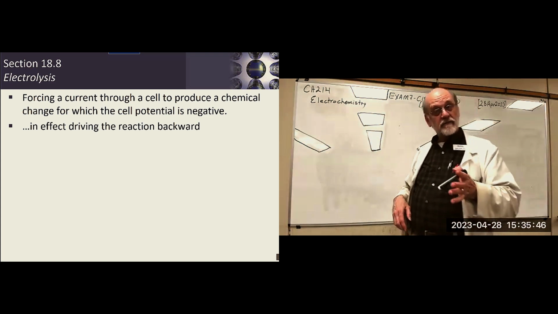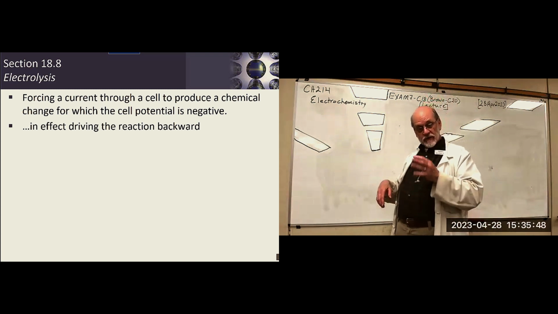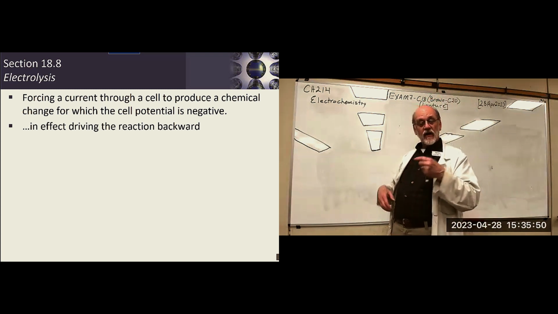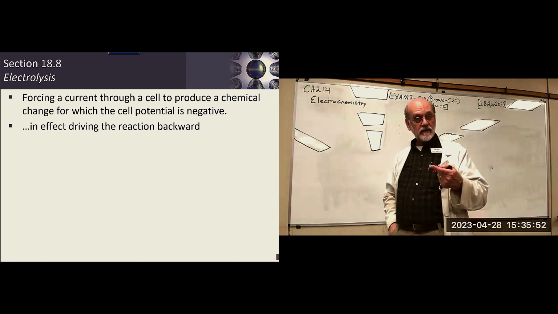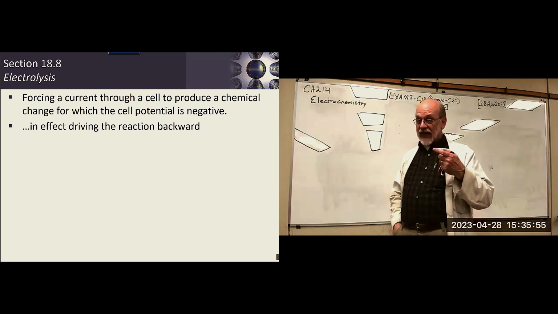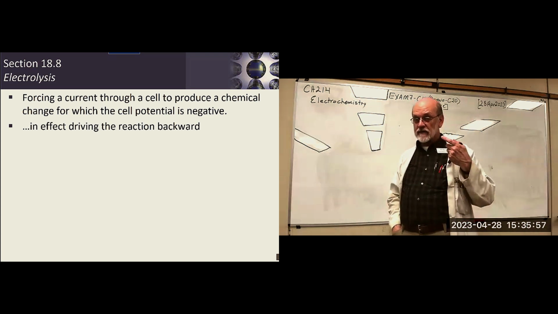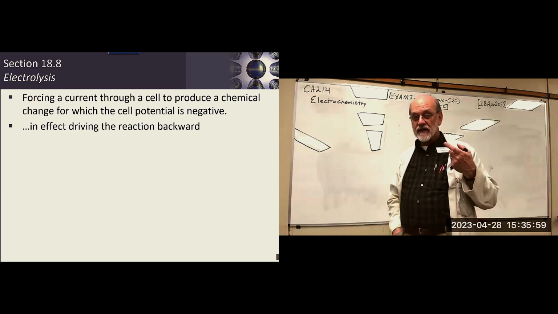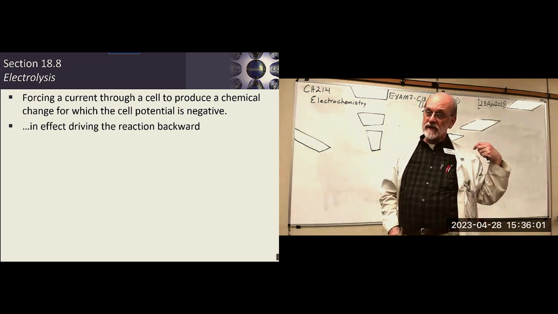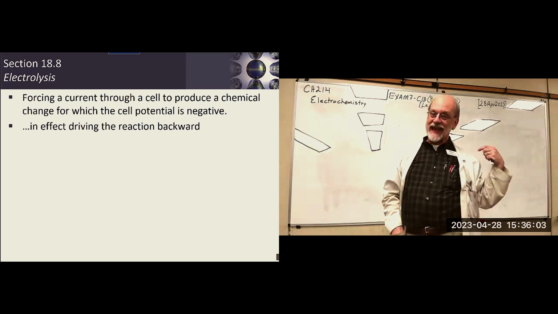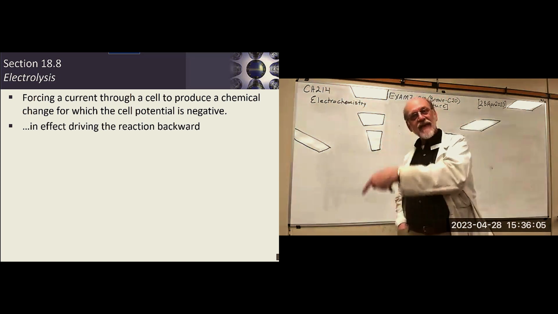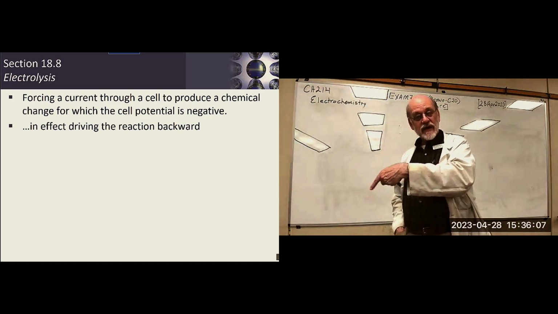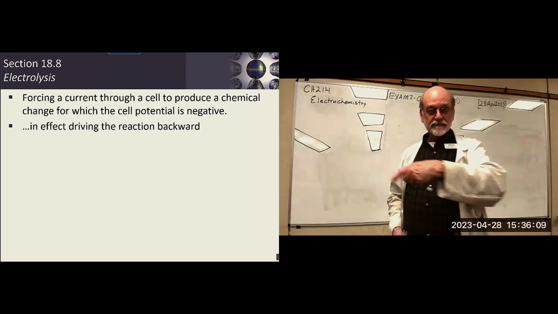And when that happens, now which is the anode, which is the cathode? It's still the anode is the site of oxidation. So now the cathode in the electrolytic cell becomes the anode, and the cathode now is where the anode was.